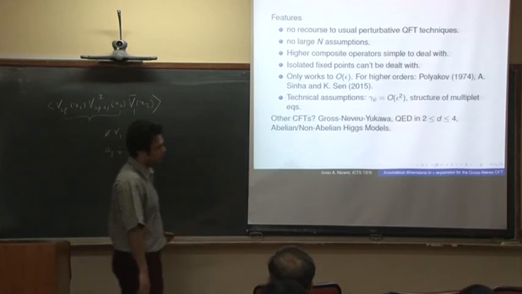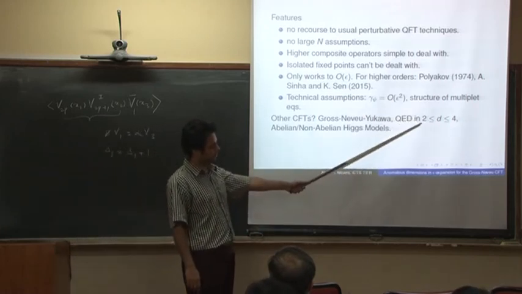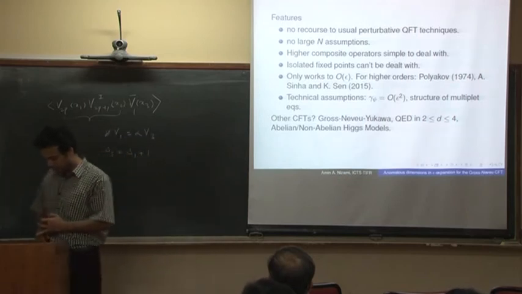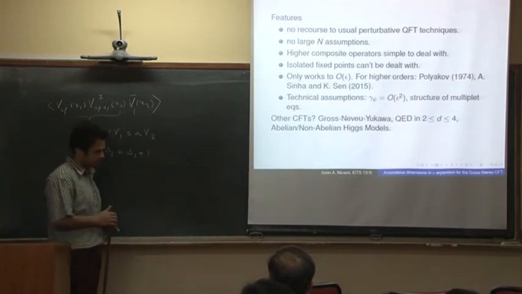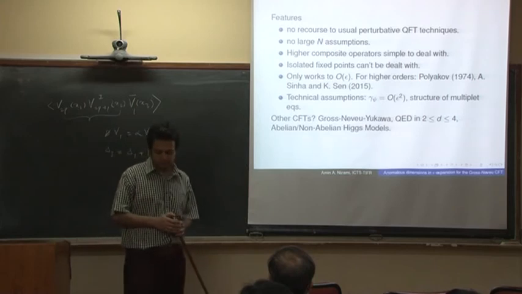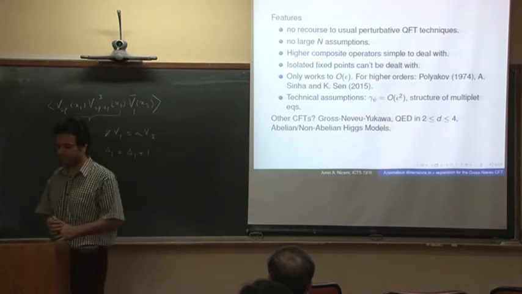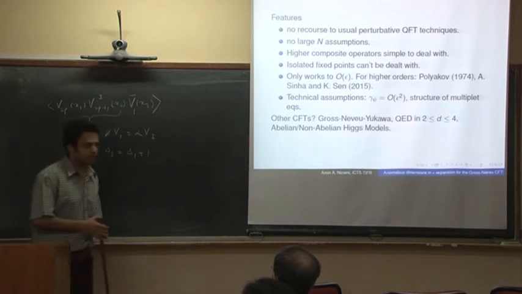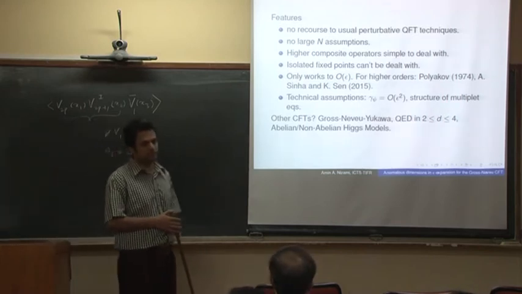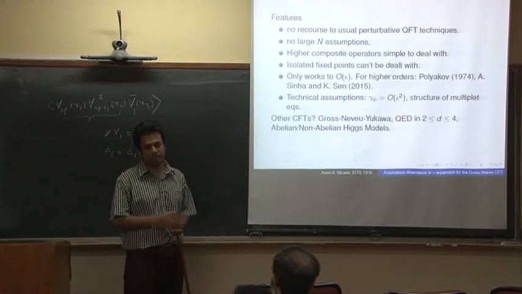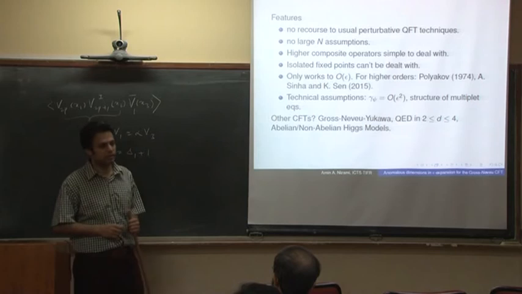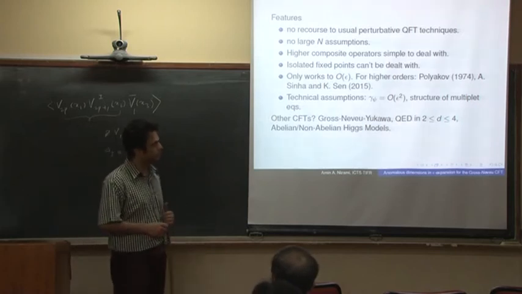If you work in dimensions between 2 and 4, then QED also has a fixed point. Zerf, Marquard, Boyack, Maciejko, and collaborators, last year, have some papers in which they computed again the leading order anomalous dimensions of, I think, psi bar psi square using Feynman diagrams in conformal QED.